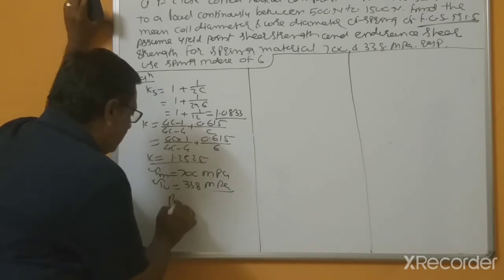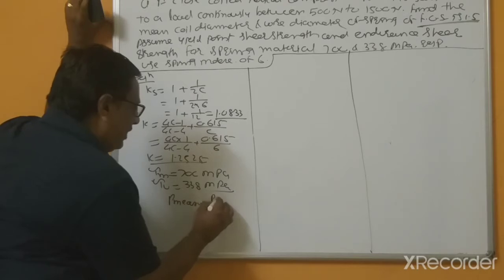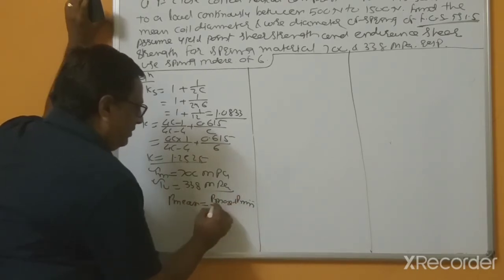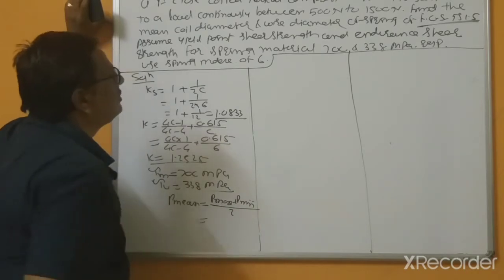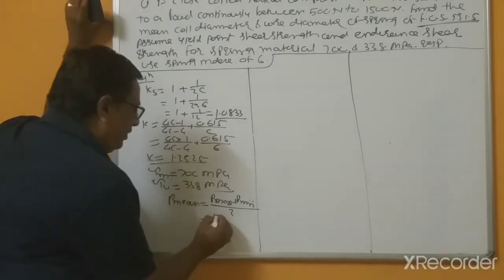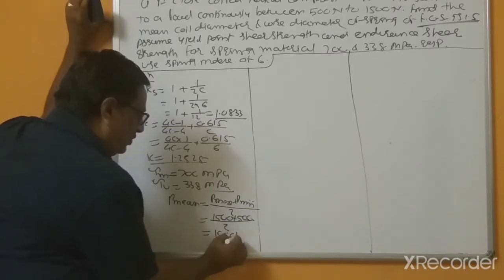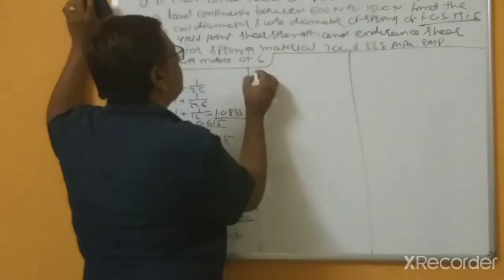P mean equal to P max plus P minimum divided by 2. So this is given, right? So P mean equal to 1500 plus 500 divided by 2. So this is equal to 1000 newtons.